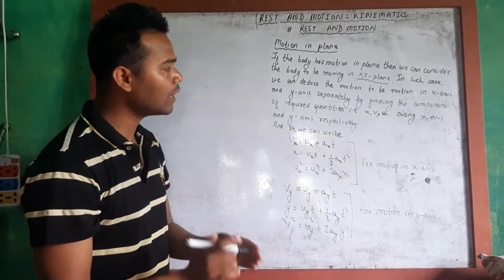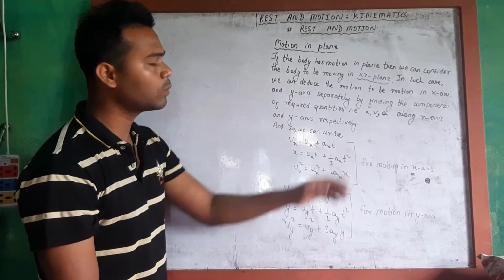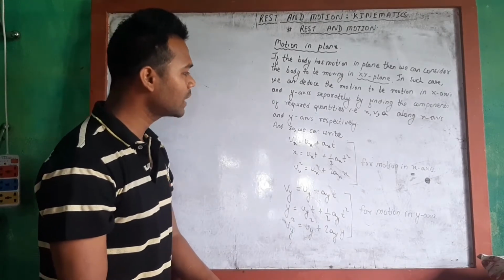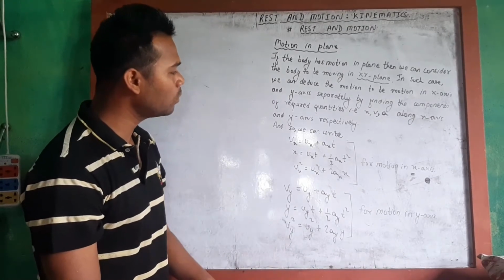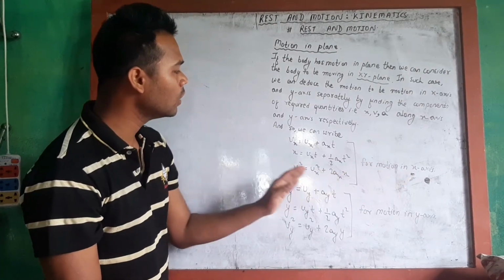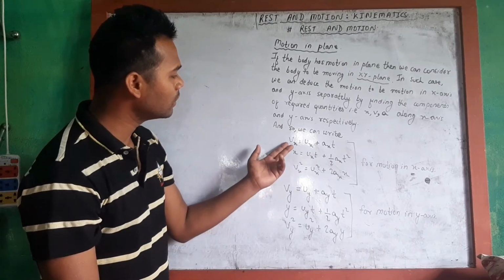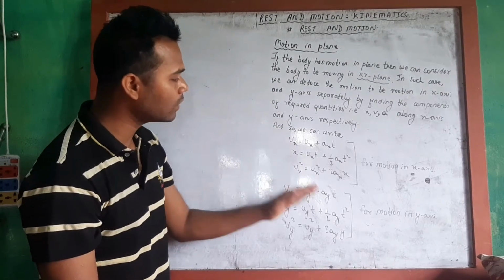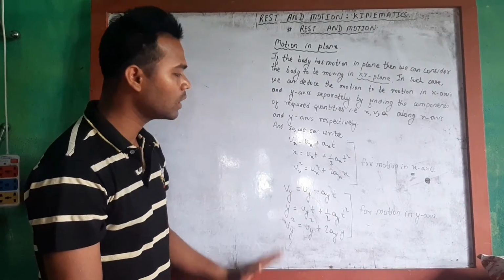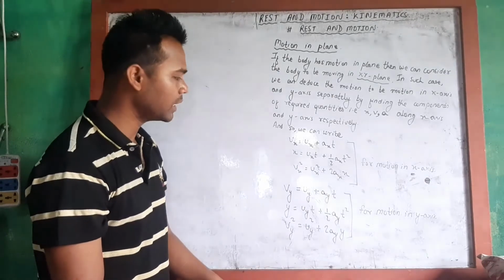And for the motion along the y-axis, we have to find the components of displacement, velocity, and acceleration along the y-axis. Then for the motion in the x-axis we can use these equations, and for the motion in the y-axis we can use these equations.